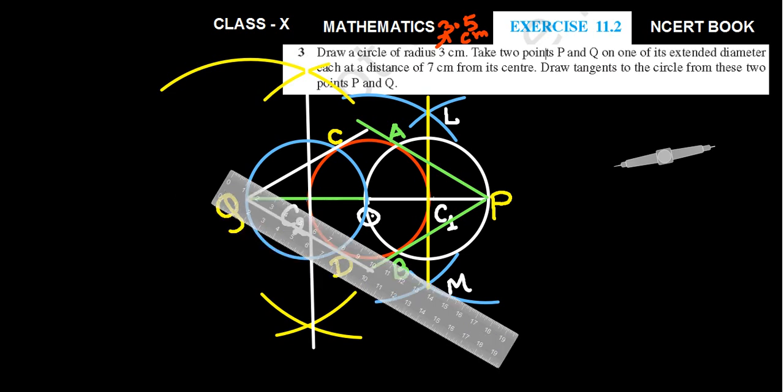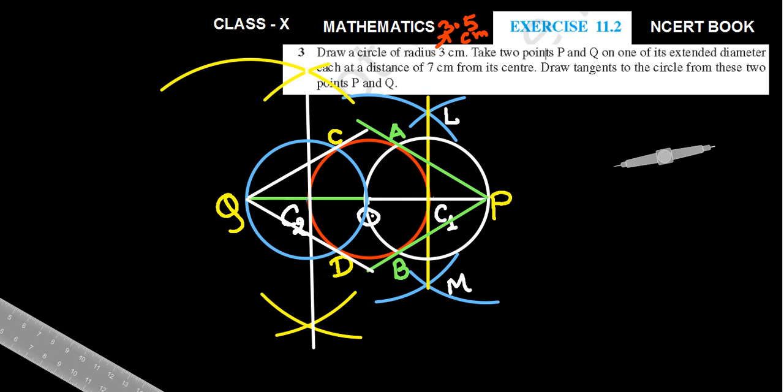Let's see. We have drawn tangents from this point Q to the circle having center O, radius 3.5 centimeter as QC and QD, and from point P as AP and BP.